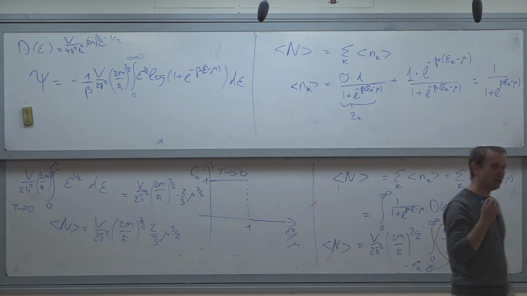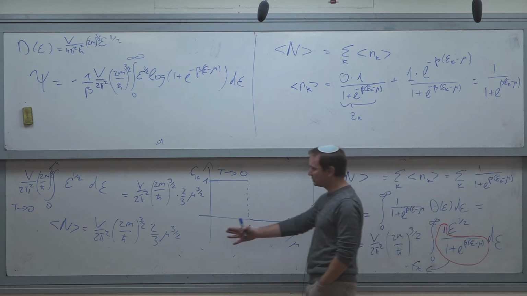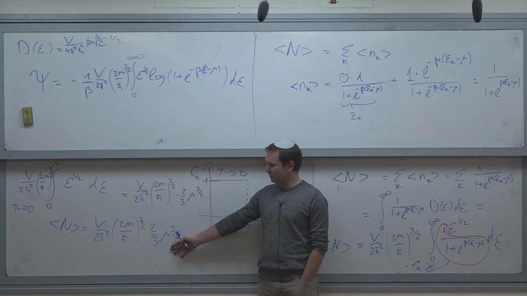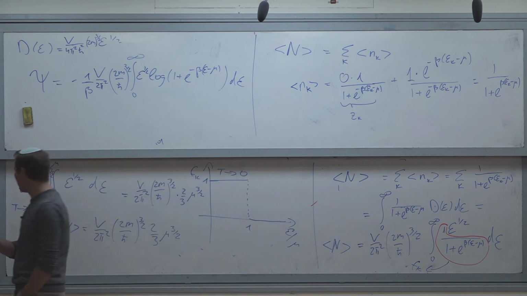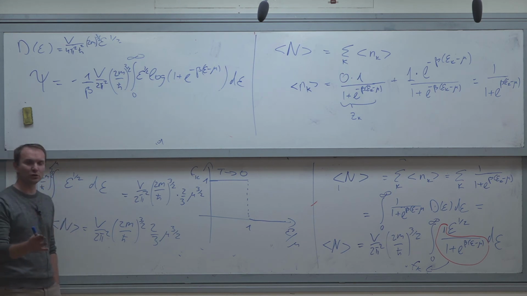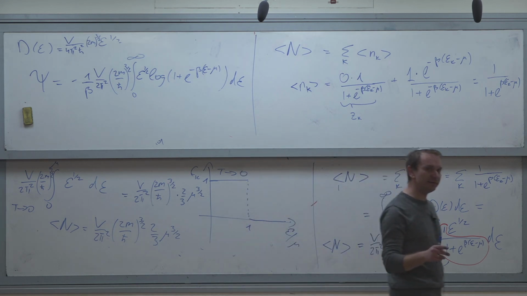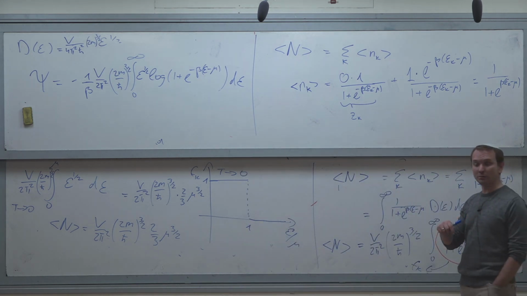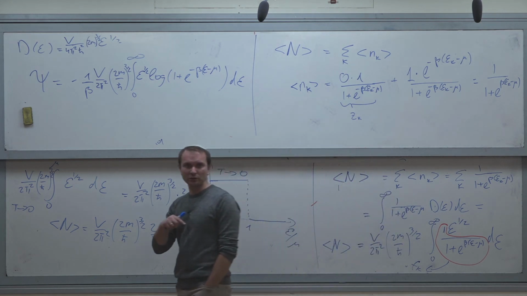We said we don't know what μ is, because when I plot it, the average number of particles is determined by the temperature. Here the temperature goes to 0, so we forget about it. The temperature is almost 0, and it's determined by what? By μ, by the chemical potential.